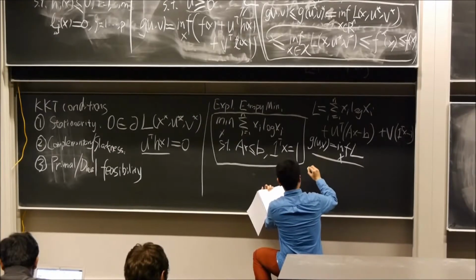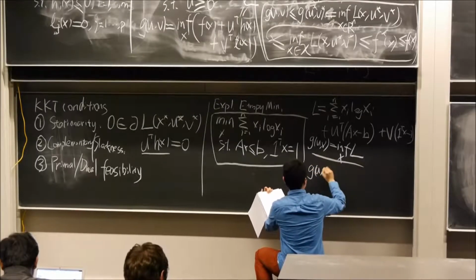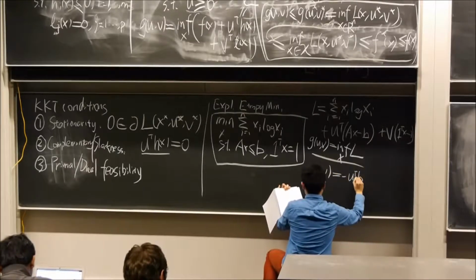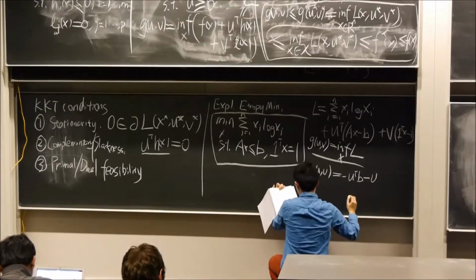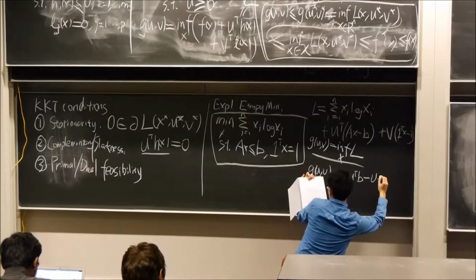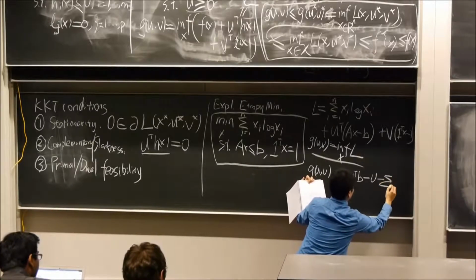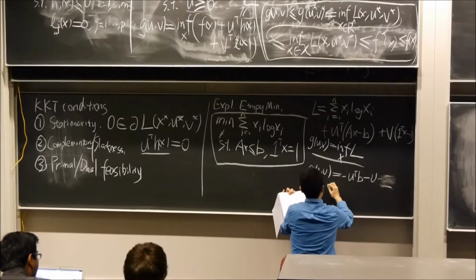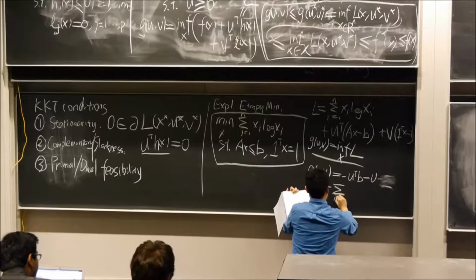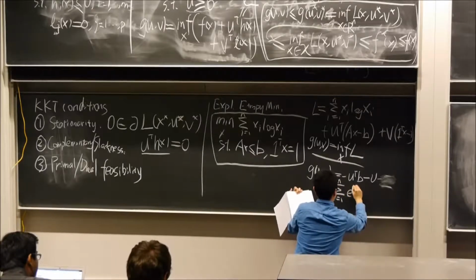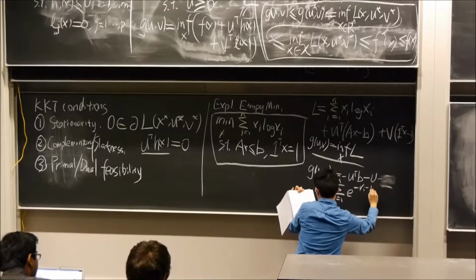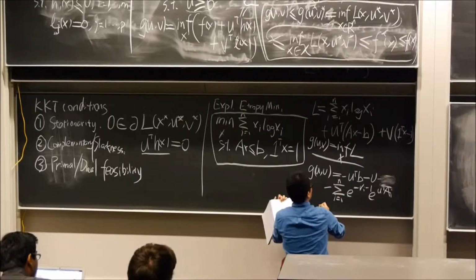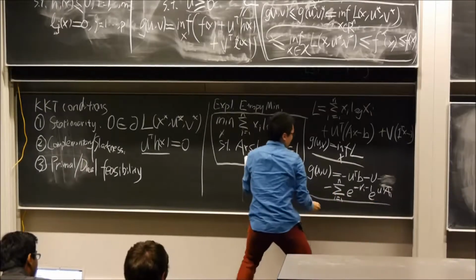It turns out that everything cancels out pretty nicely, and g will look like b minus v minus, like that.